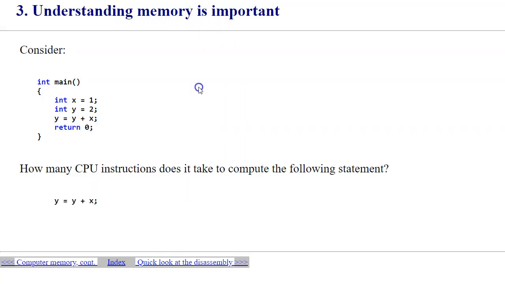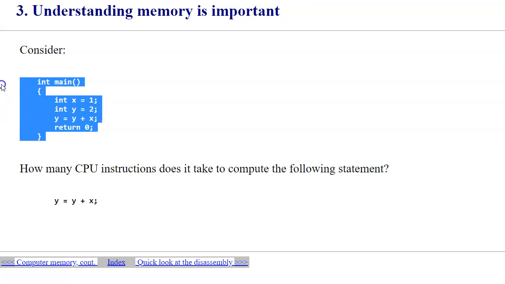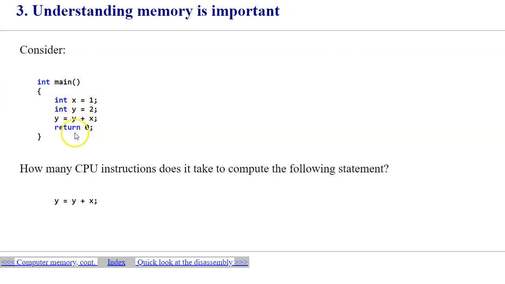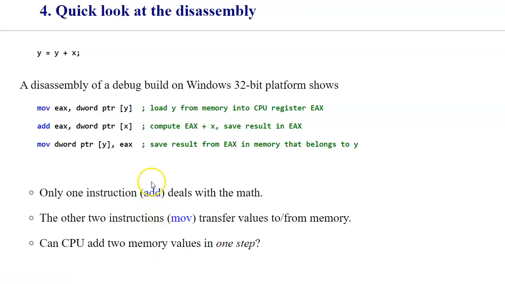Understanding memory is important because CPU instructions rely on memory addresses when the program executes. Behind C or C++ code like this, there is a lineup of CPU instructions which our compiler generates, and we can look at the disassembly to visualize these instructions.